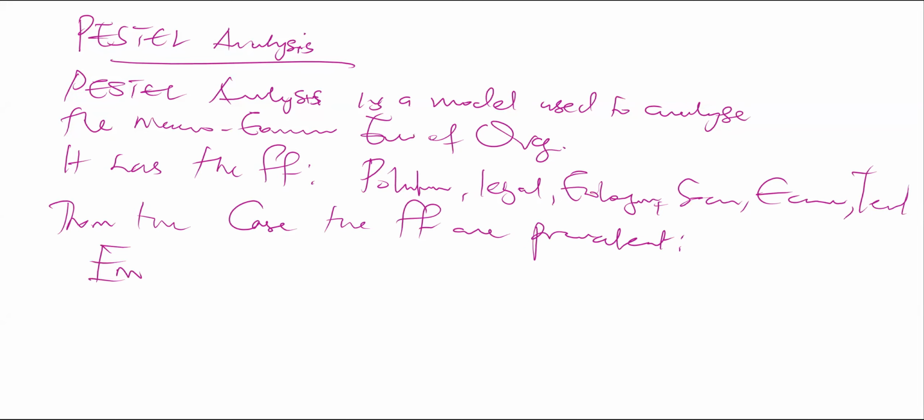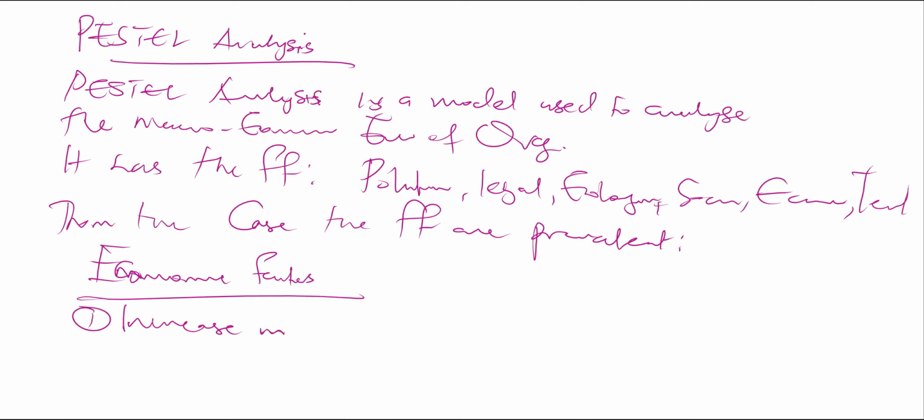It doesn't matter that you start with political. Some students want to start directly from political. No. I can decide to start with economic factors, right? So economic factors. Then I start with one, increase in inflation.